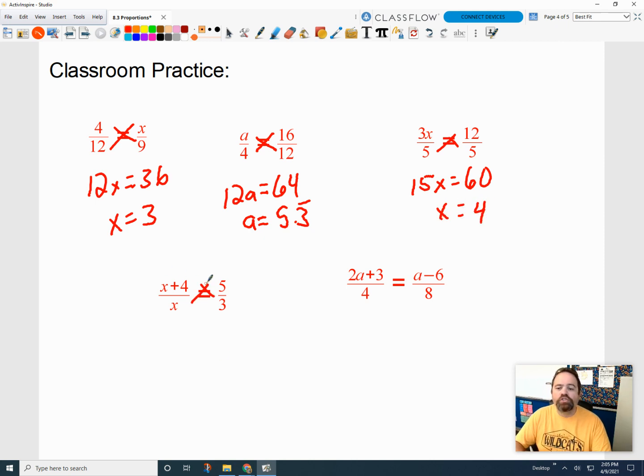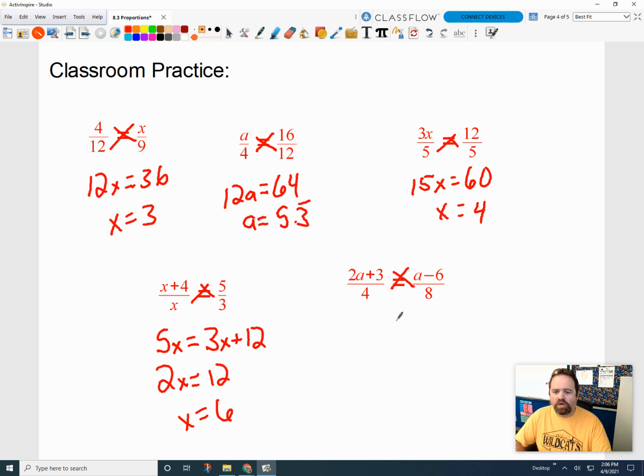Okay, you should not get anything that involves an x squared or anything funky like that. These should be linear equations. All right, so when I multiply here, make sure to distribute. That is 5x when I multiply that way, and 3x plus 12. Subtract 3x. Divide by 2. This guy's 6. All right, probably the hardest one on here.